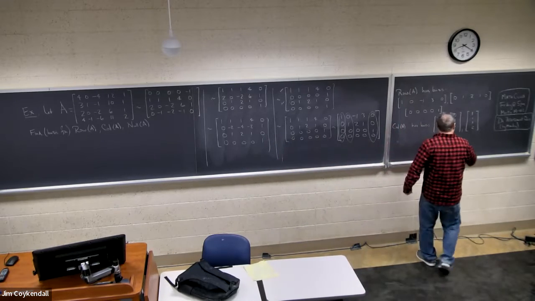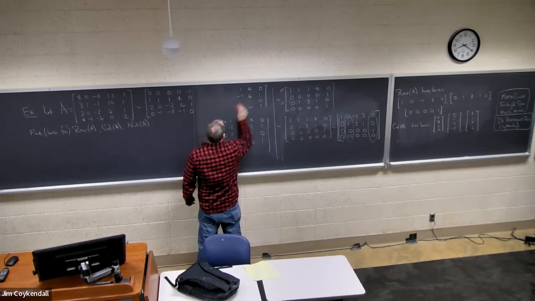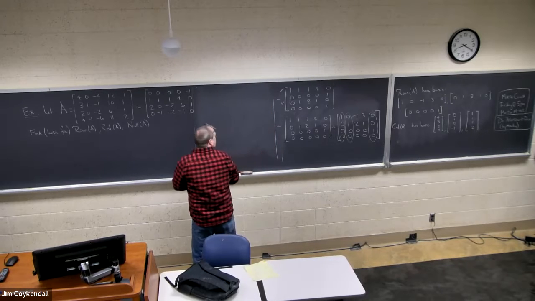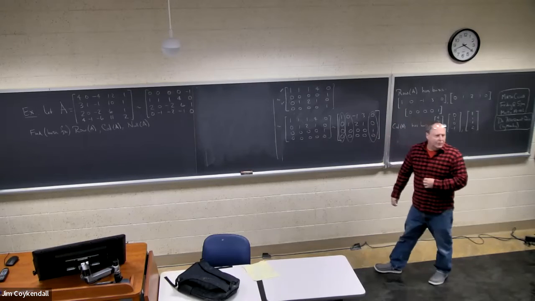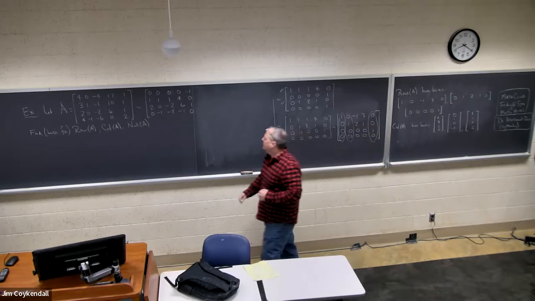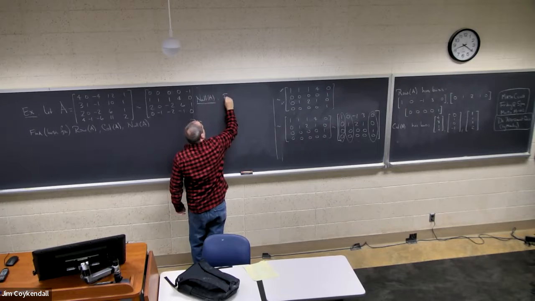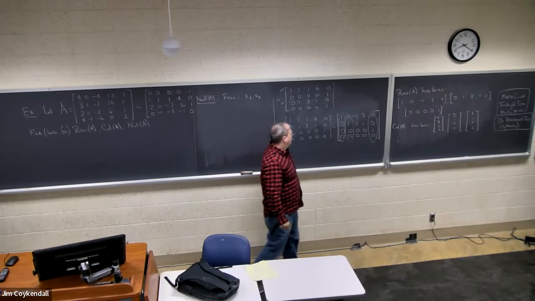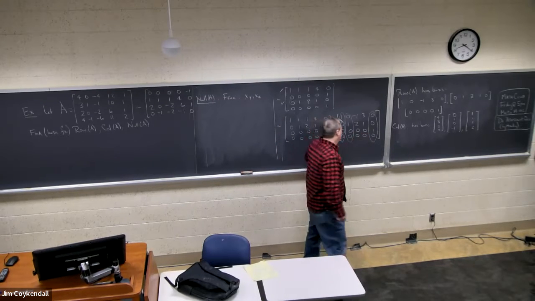Finally, we need to do the null space. So let's do the null space here. Let's look at our row reduced echelon form. How many free variables do I have? Which ones are they? Columns 1, 2, and 5 correspond to basic variables, 3 and 4 are free variables.